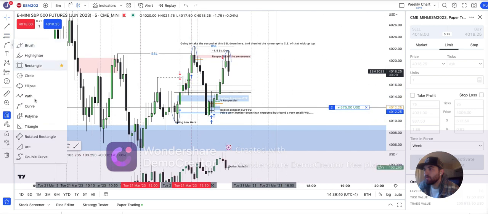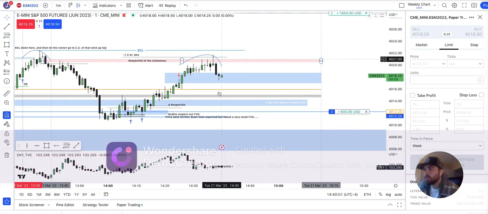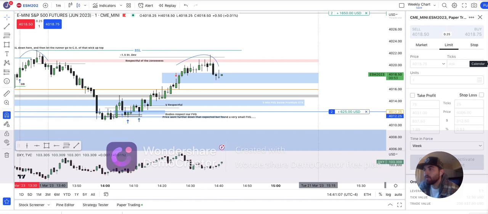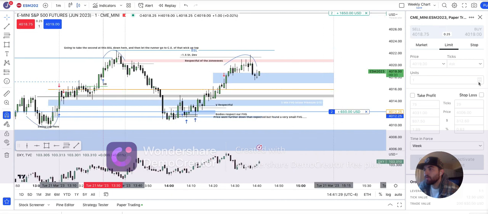Okay, changing time frames, going back into the 5-minute. So you can see a bullish fair value gap in there. It's going to hold 50% of that, which is nice, very nice.